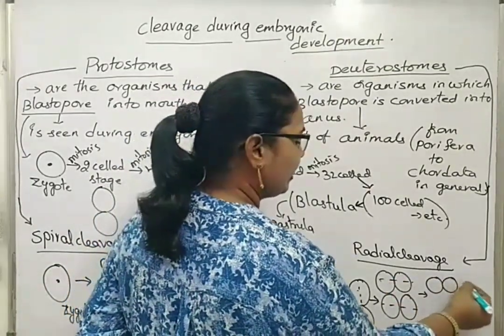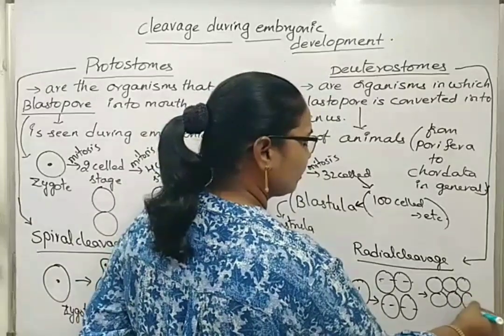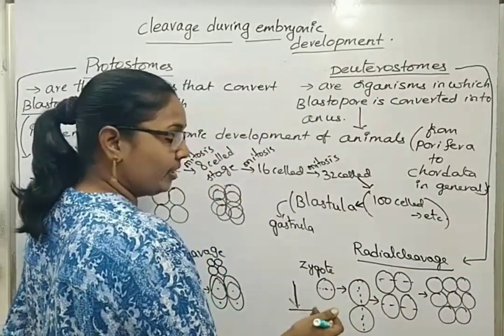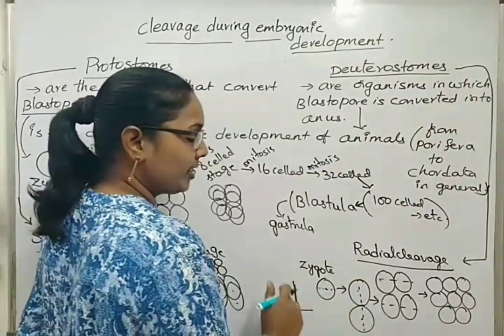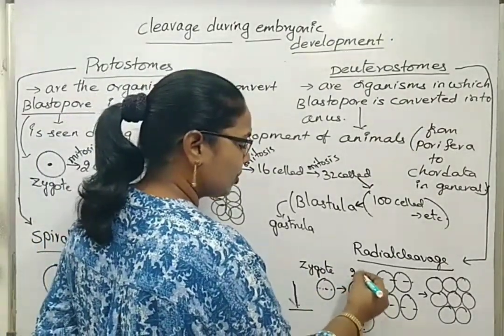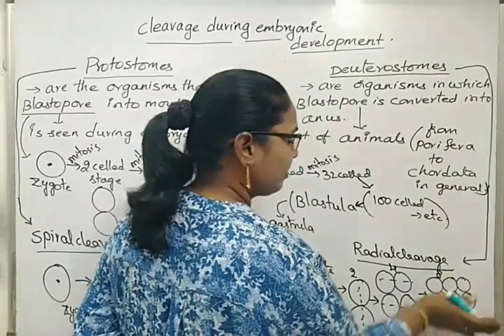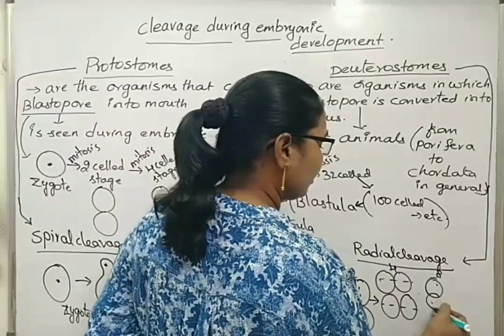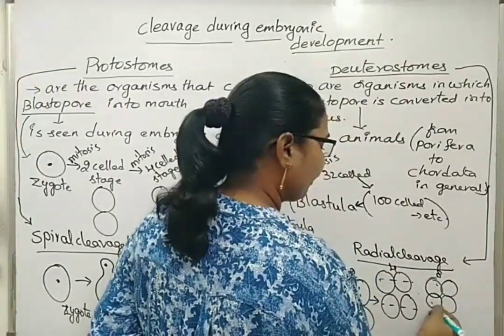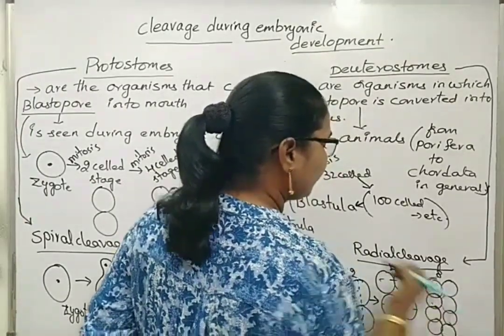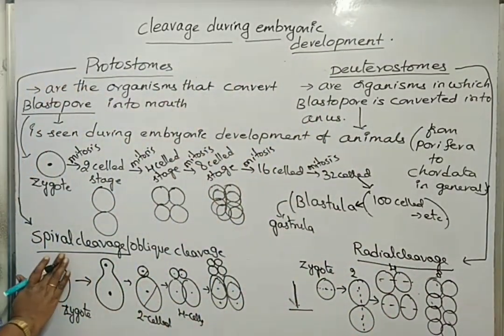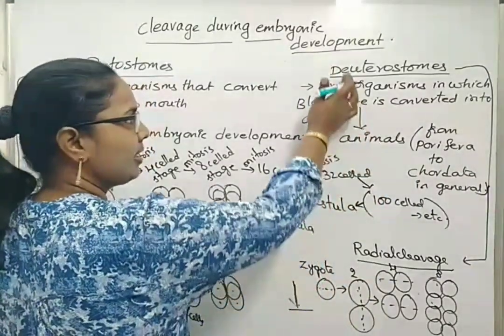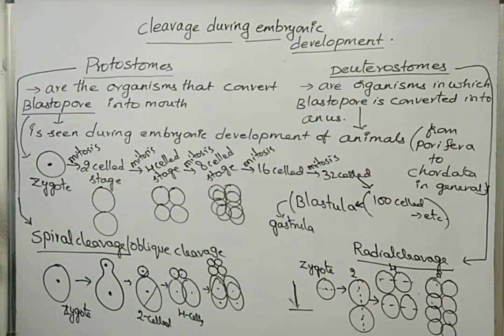So we get 8 number of cells. So every time, the division is perpendicular to the previously formed cells. So here it is 2 cell, 4 cell, 8 number of cells. 1, 2, 3, 4, 5, 6, 7, 8. So in this way, the spiral cleavage is seen in case of protostomes, and radial cleavage is seen in case of deuterostomes.